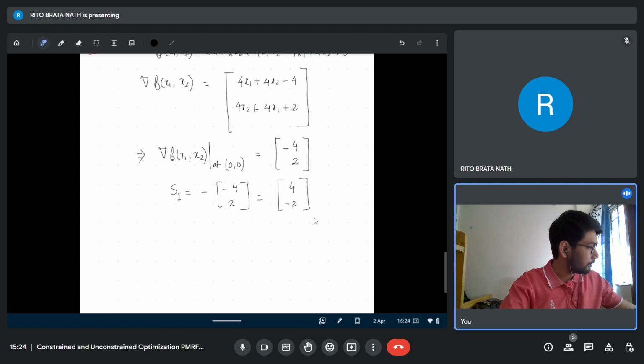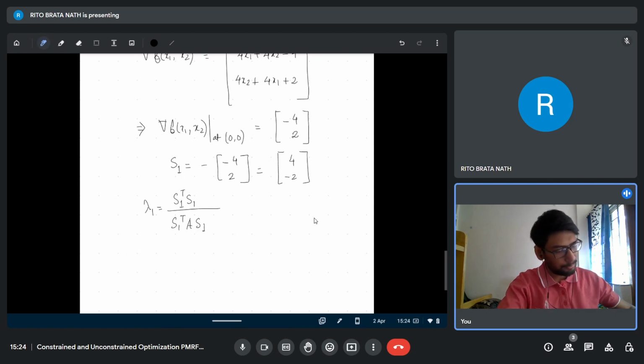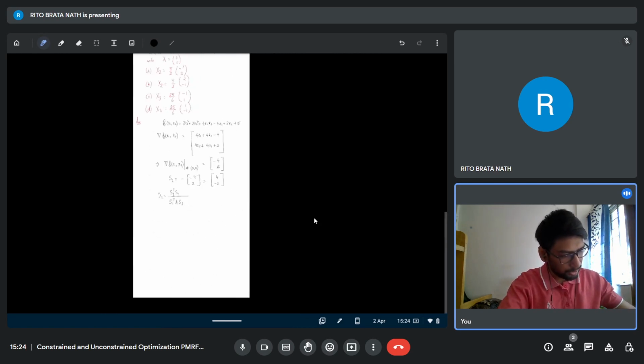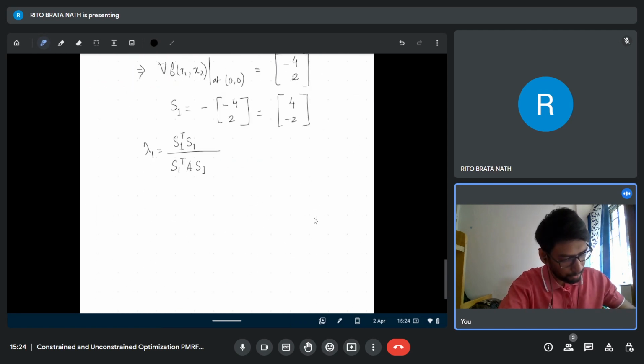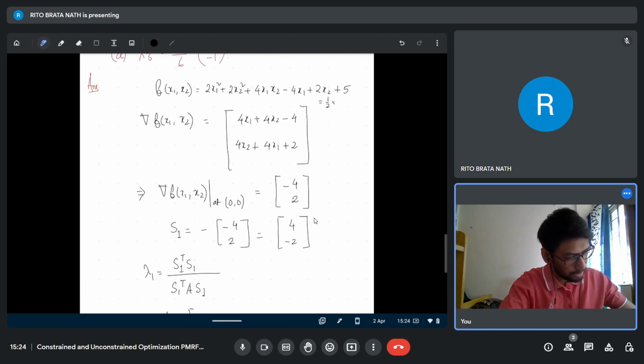And now what you can do is find out your lambda 1. So lambda 1 is, for a minimization problem, S1 transpose S1 divided by S1 transpose A S1. Okay, so now I have to get A. You can get A from the expression, and I think previously I showed you how to get this A matrix. It's nothing but writing it in terms of half of x transpose A x plus b transpose x plus c.